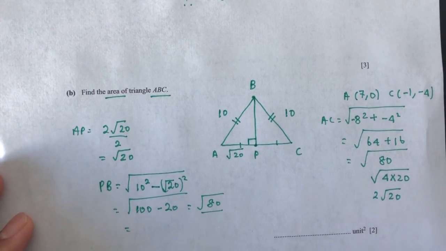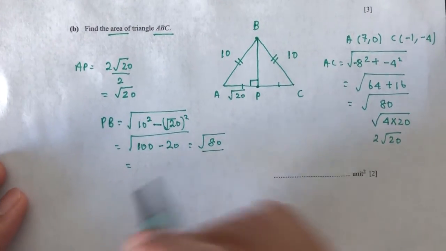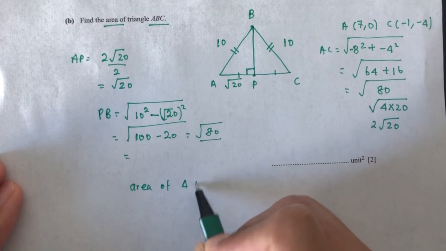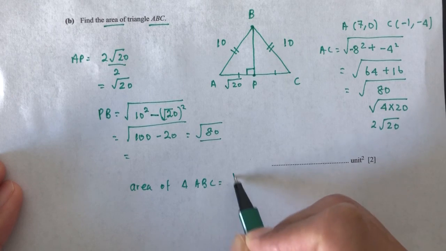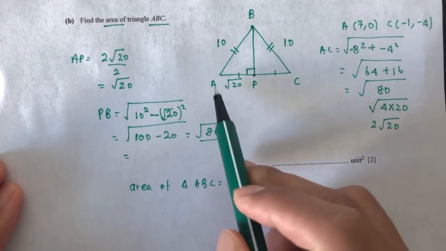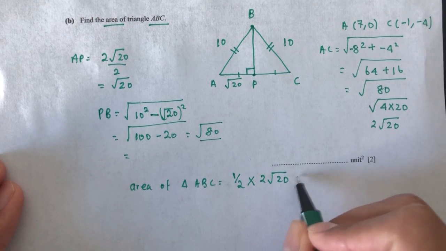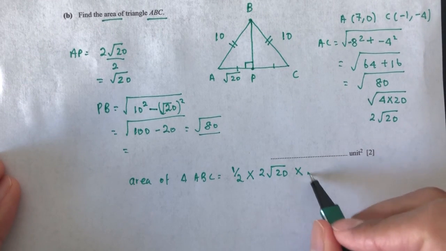So now find the area. Area of triangle is the same formula. Area of triangle ABC is half times base, which is AC, which is 2 square root of 20, times height, which is square root of 80.